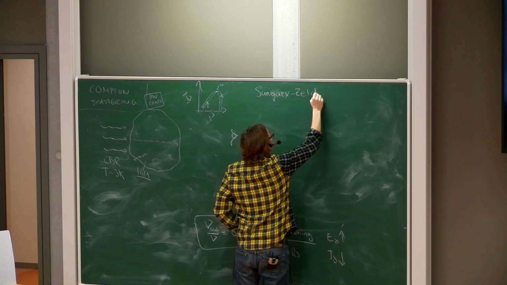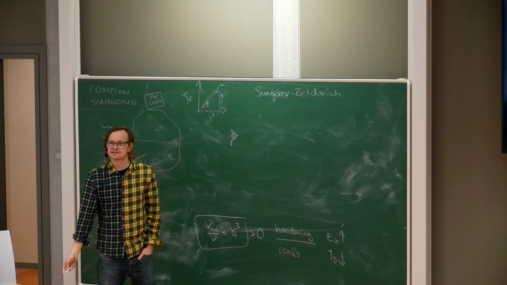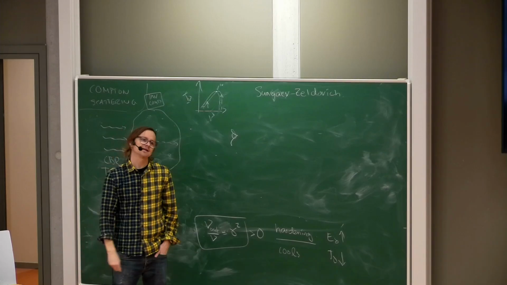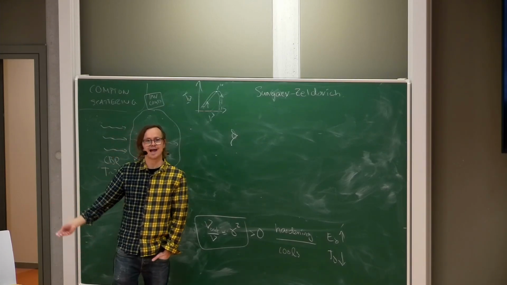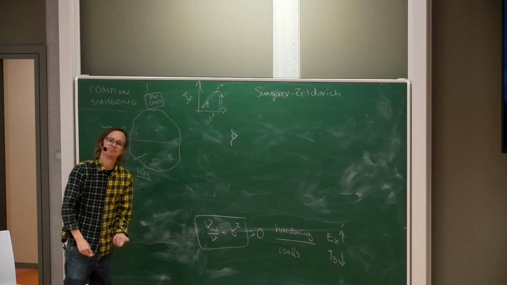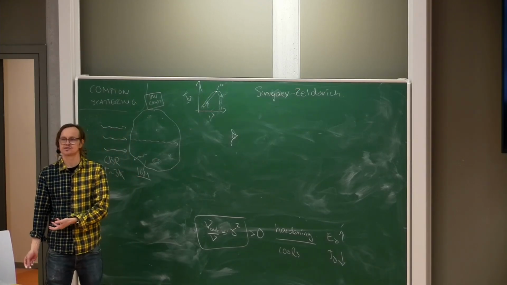This is misspelled, sorry about that. It has turned out to be one of the most important observational tools that we have to map out the large scale of the universe.